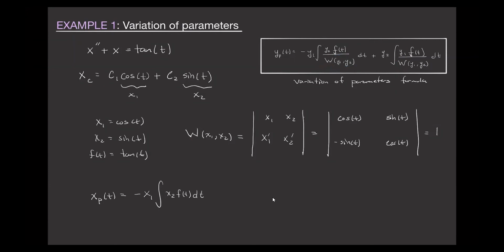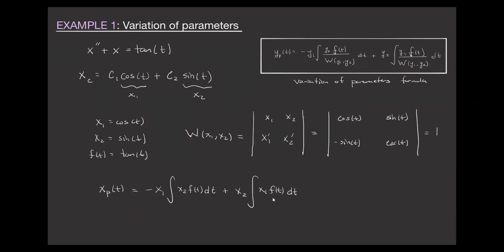Instead, we just have dt. Then we're going to have plus x2 times the antiderivative of x1 times f of t, dt. The Wronskian is just 1, so we're just dividing by 1. This is the formula we want to use.